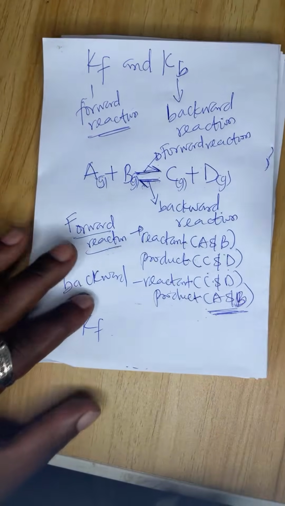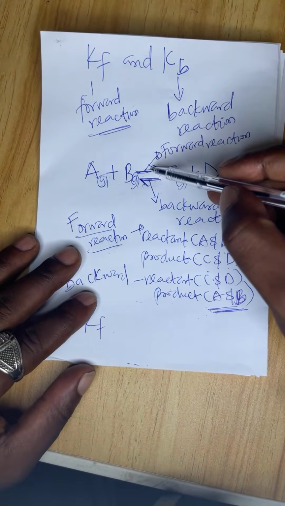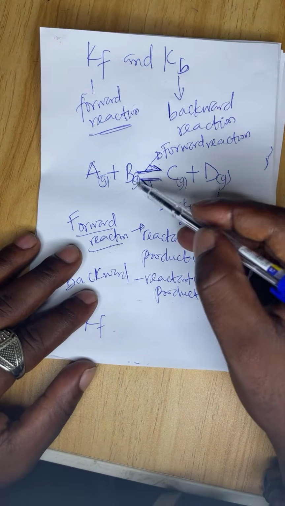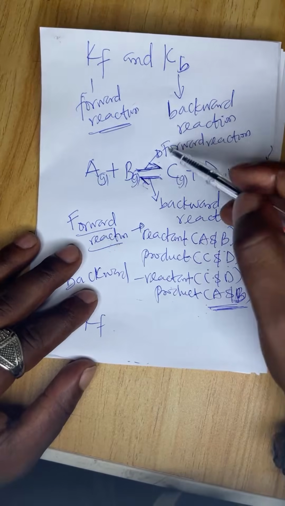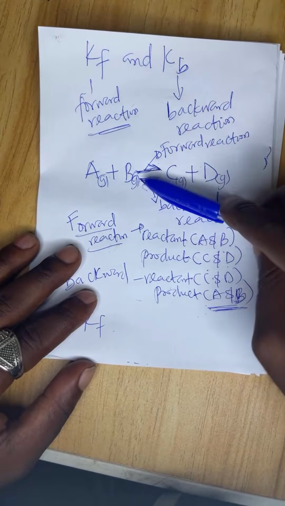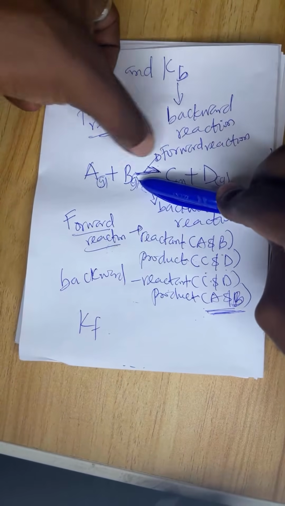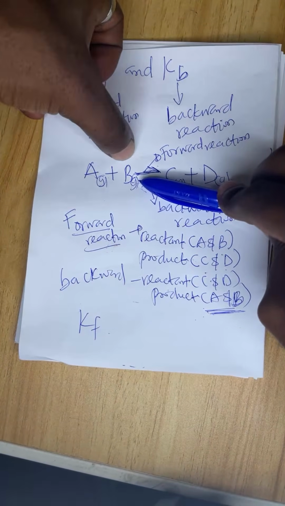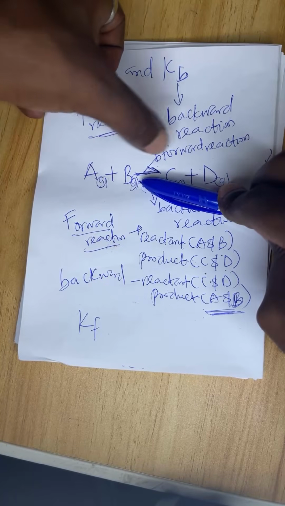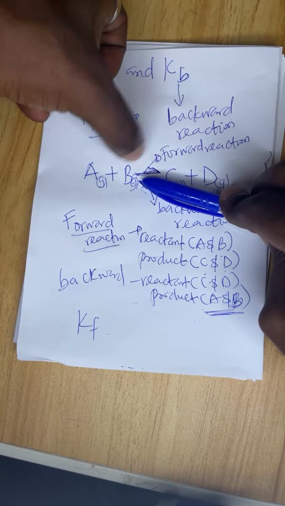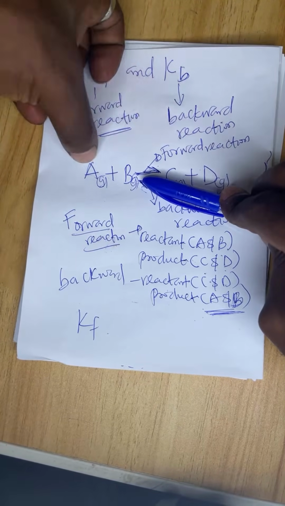Now look at it. I said this arrow on top shows it is forward. This one shows it is backward. And I said if you want to look for the forward reaction, you blur out this down arrow so that you can know the reactant and the product. If you blur this arrow, you can see that A and B are the reactant, then C and D are the product, because it's coming from here.